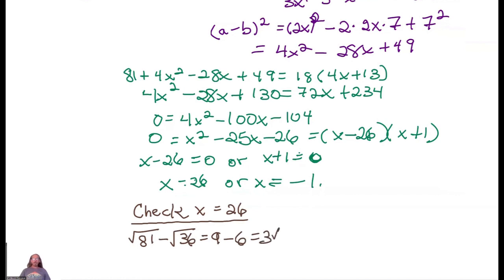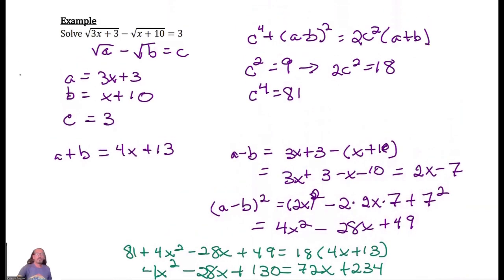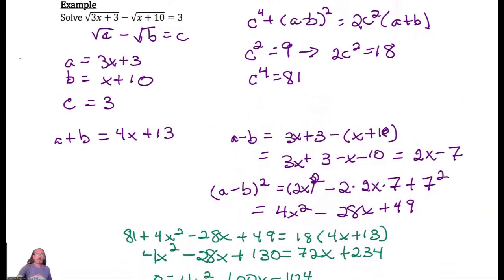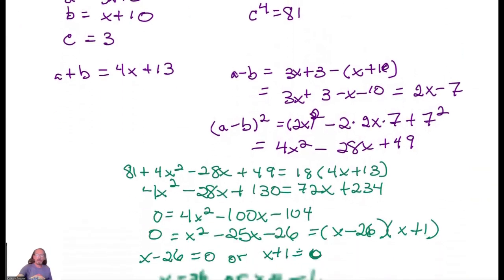But putting in -1 for x. 3 times -1 is -3. -3 plus 3 is 0. -1 plus 10 is 9.